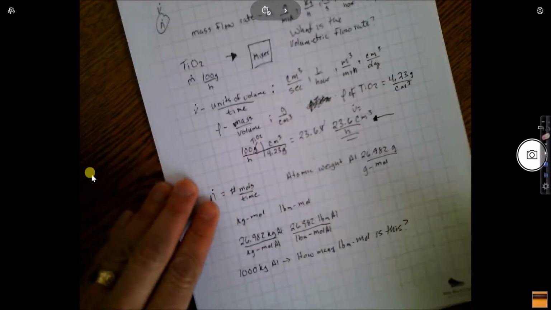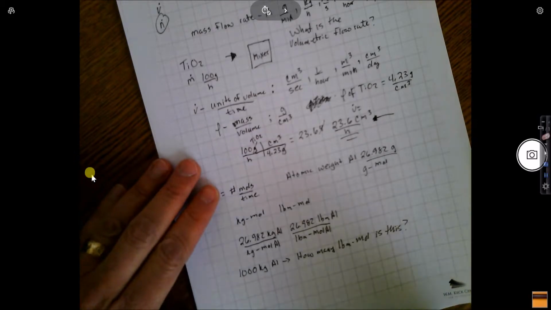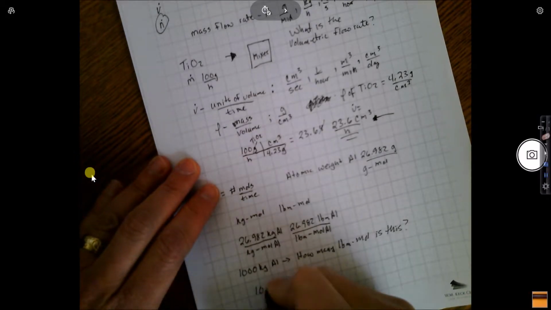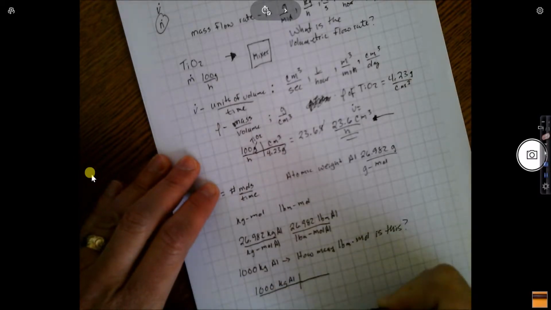We'd set up our handy-dandy railroad track method that we should all be pros at by the end of the class. So we want to start off with 1,000 kilograms of aluminum.